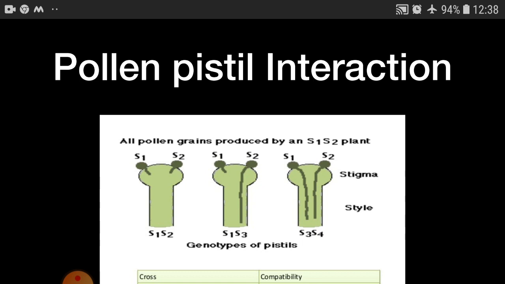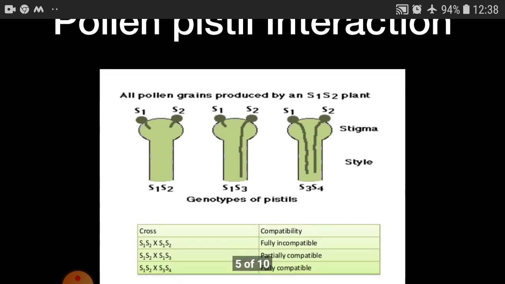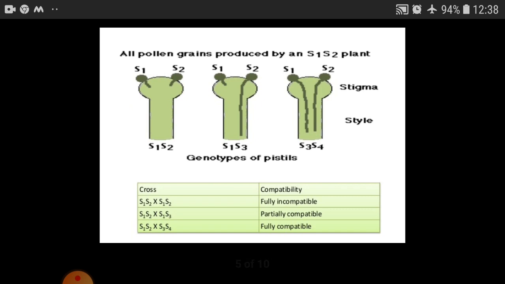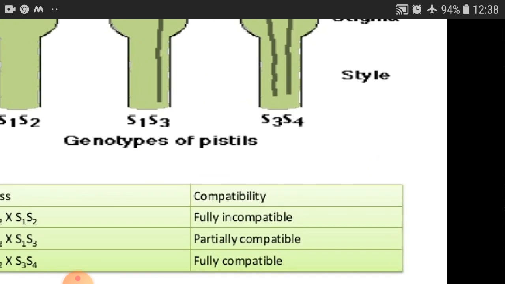So this is one thing. If it is rejected, it will not germinate. Even if it germinates, the pollen tube will not grow inside. You can see here these different types of compatibility and incompatibility, whether it is going to grow. You can see in these three different cases like S1, S2, S3, these genes, and if they are not compatible, then it will not grow.